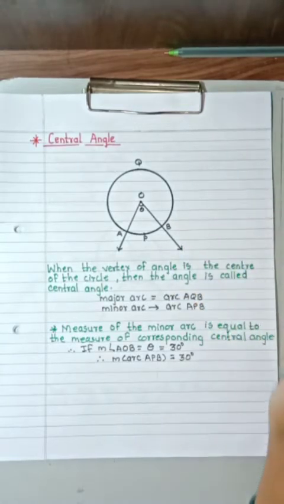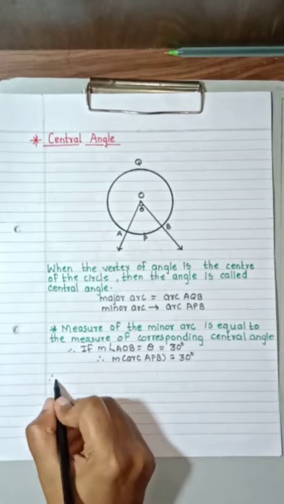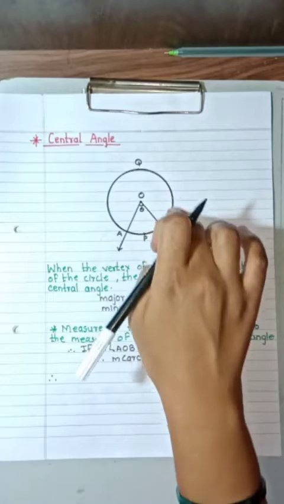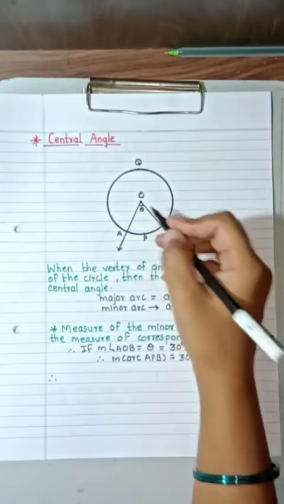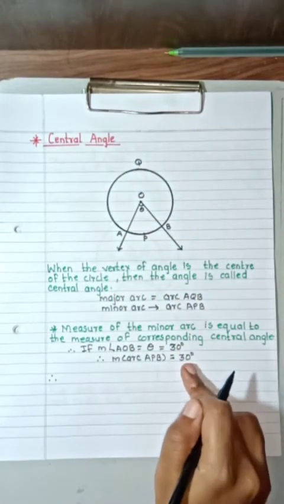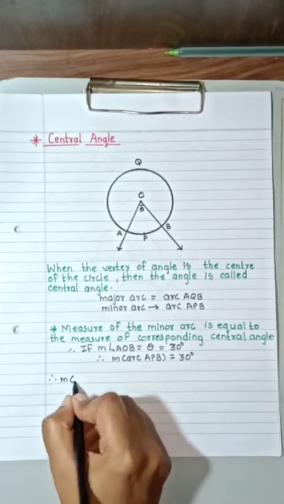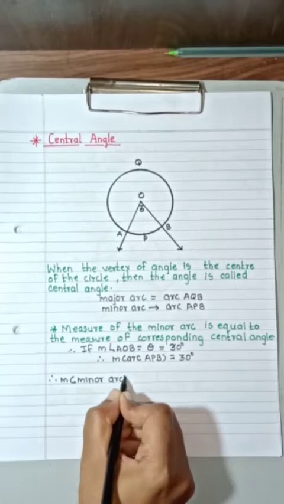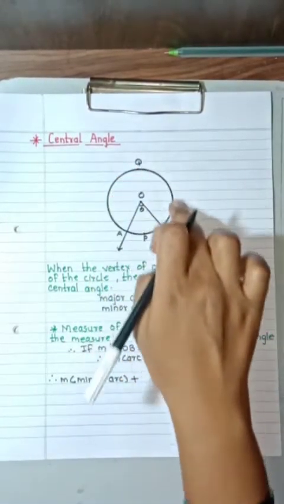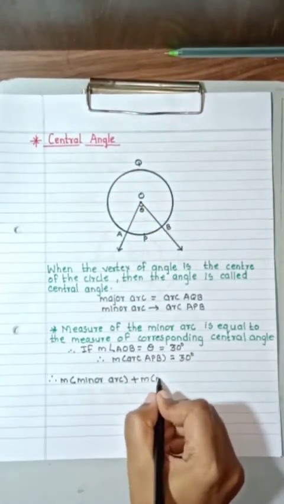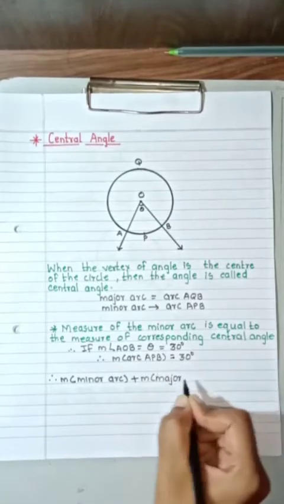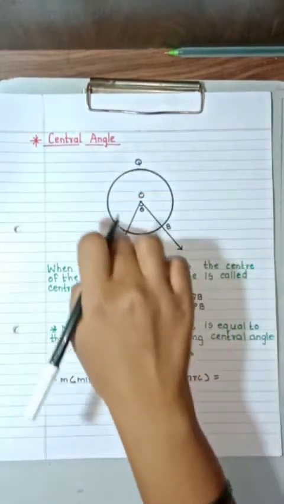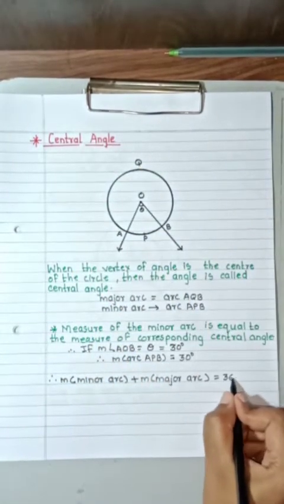Now children, if you want to find the measurement of major arc, we have considered this theta as 30 degrees. Measurement of minor arc plus measurement of major arc, so what is the total circle? That is 360 degrees.